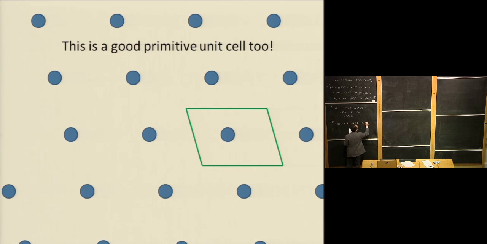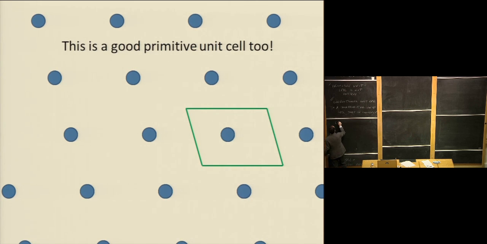Conventional means convenient. It's a non-primitive unit cell that is convenient, which usually means orthogonal axes.